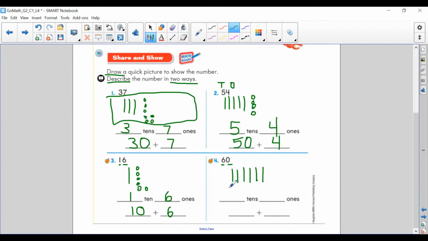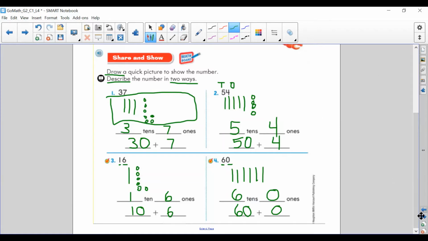So we don't have to draw any ones. So we just drew how many 10s? 6. And how many ones? 0. So if our value of 6 10s, if we count by 10s, 10, 20, 30, 40, 50, 60, in expanded form, that would be 60 plus 0. And that is how we do expanded form.